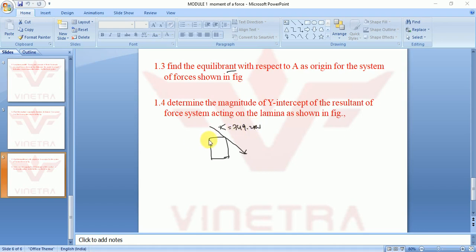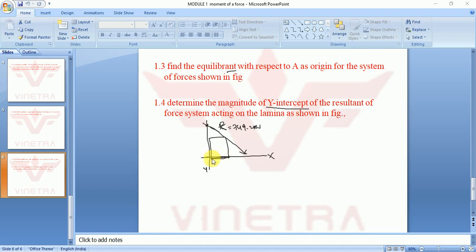They are asking us to find the y-intercept. If I draw an x-axis along this drawing and a y-axis here, they are asking where this resultant R will cut this y-axis.